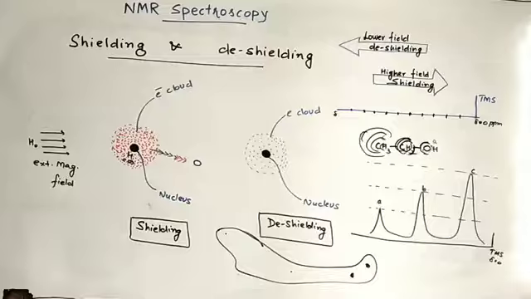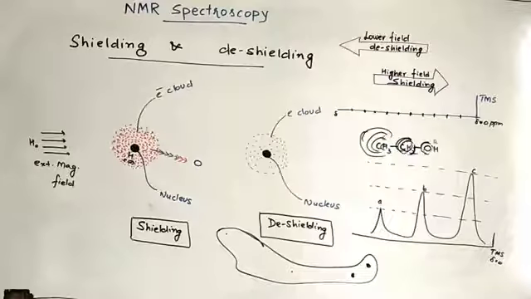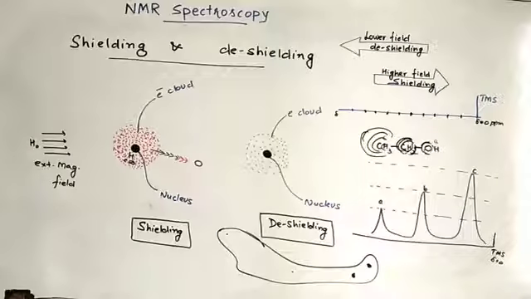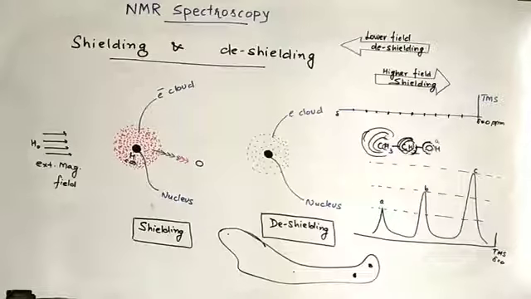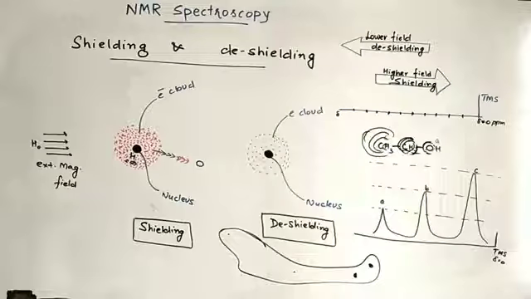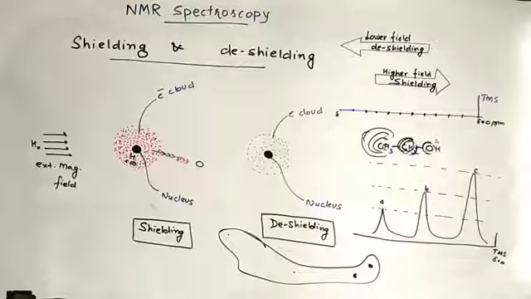Because they have different electron density around them. This electron density around the proton is the only thing that makes the proton non-equivalent toward the external magnetic field, due to which different peaks appear in the NMR spectrum. Next we will learn how to find the number of peaks or number of signals given by the molecule.